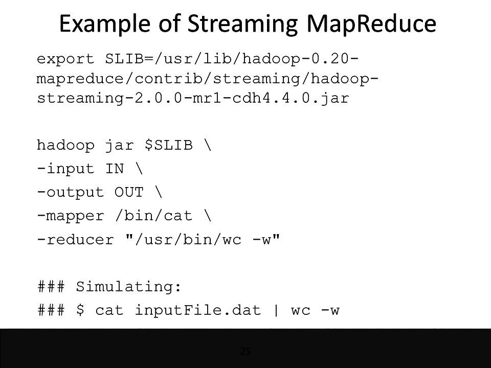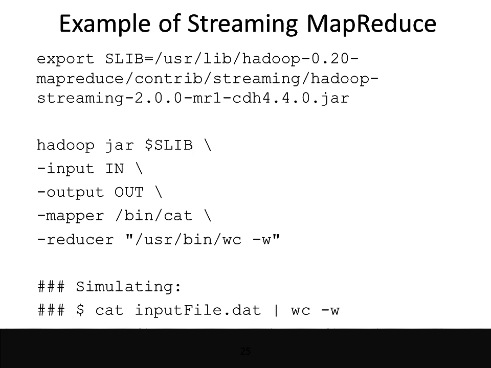So it will concatenate its inputs into output. What it's doing is simply collecting all of its inputs into an output. And the reduce function is the word count. This is the Unix word count operation with the -w option, which means count the number of words.